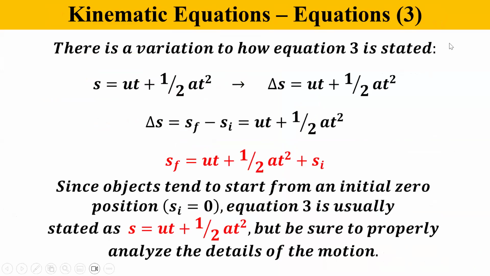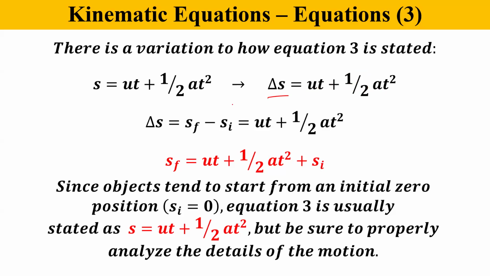All right, thank you. So there is a variation to how equation 3 is stated. So equation 3 can be stated, U plus AT, you can also say that this is displacement. So we can have a further equation: U plus AT, plus half AT squared.